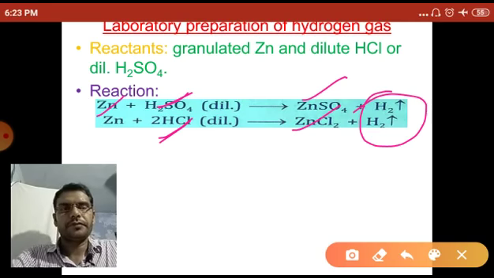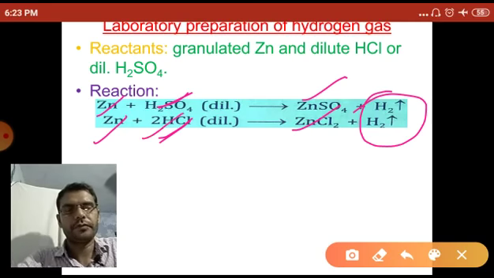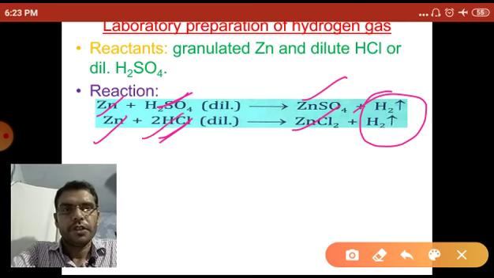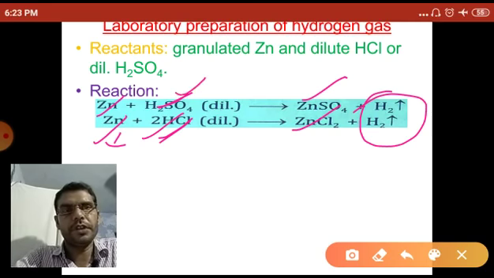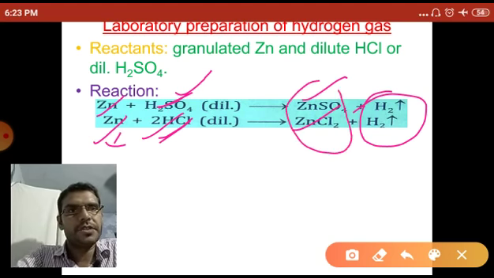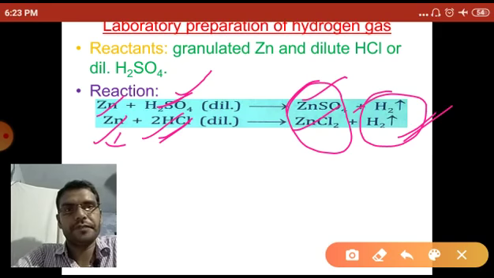As we know that zinc is more reactive than hydrogen, and zinc has the top position as compared to hydrogen in the reactivity series. So zinc displaces the hydrogen from hydrochloric acid and sulfuric acid and they form their respective salts and release the hydrogen gas due to the more reactive nature of the zinc.